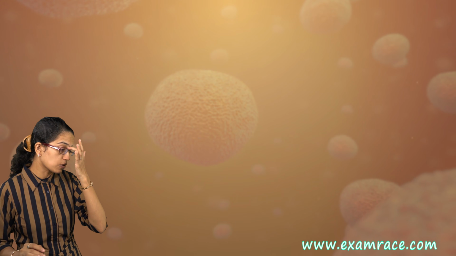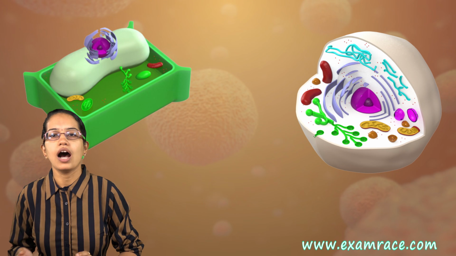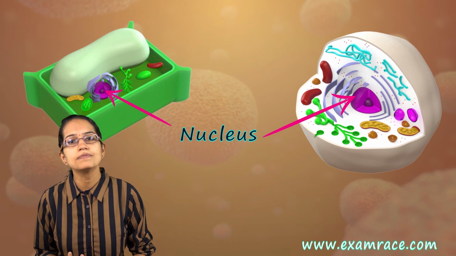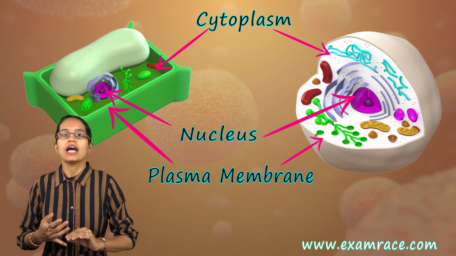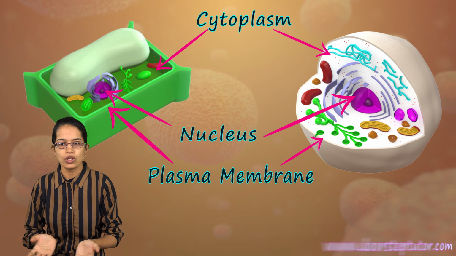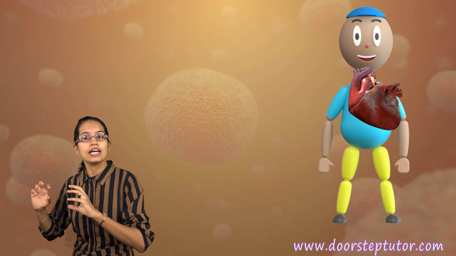The three important components that are present in all the eukaryotic cells are the nucleus, the fluid surrounding the nucleus, which is the cytoplasm, and then the plasma membrane. Now, as in the human body, we have the heart that pumps the blood and the stomach that helps in the process of digestion.